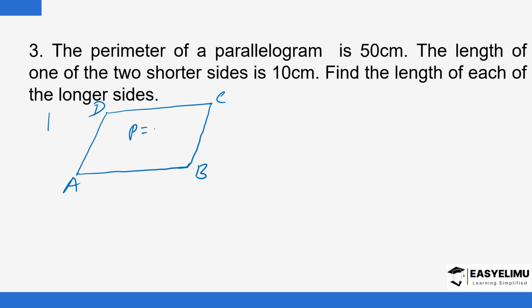The total perimeter here is given to be 50 centimeters. Now you are told the length of one of the two shorter sides is 10 centimeters. It means this is 10 centimeters, and this other one is also 10 centimeters.